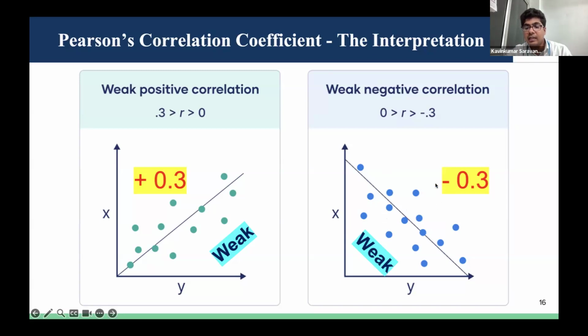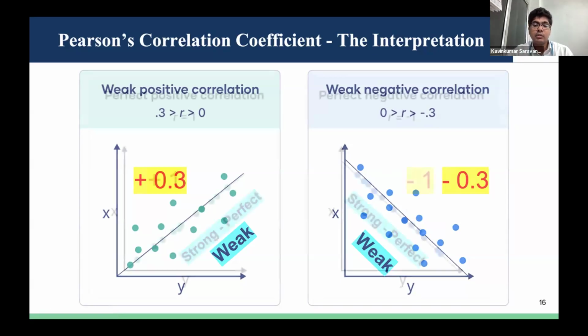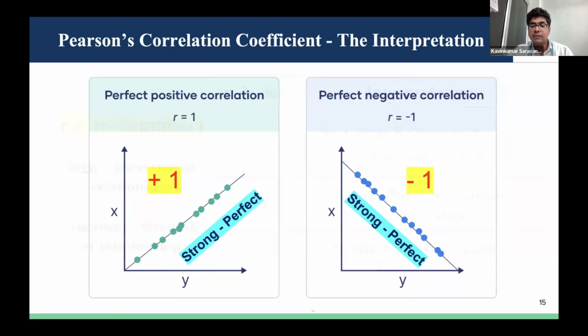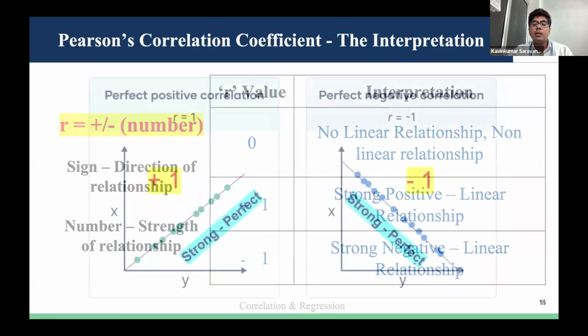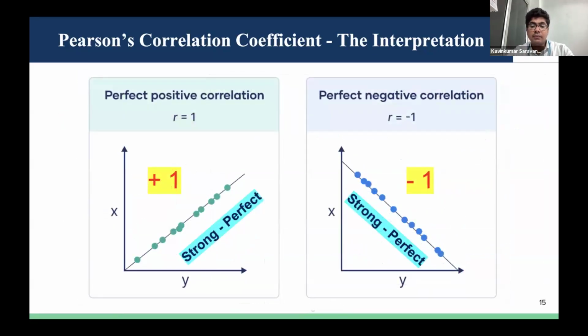So negative 0.3 is the correlation coefficient. My idea is just to give you this graphical scenario, so that you will get this out of the software. But once you get the output from the software, you should know how to interpret these figures or the scatter plot.